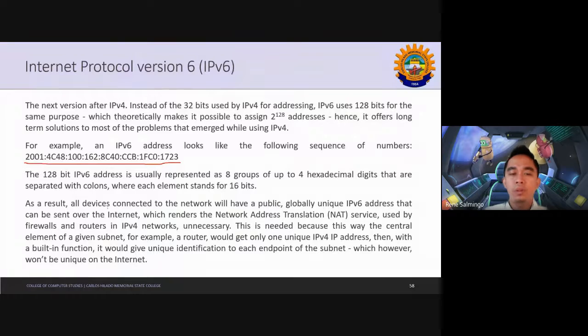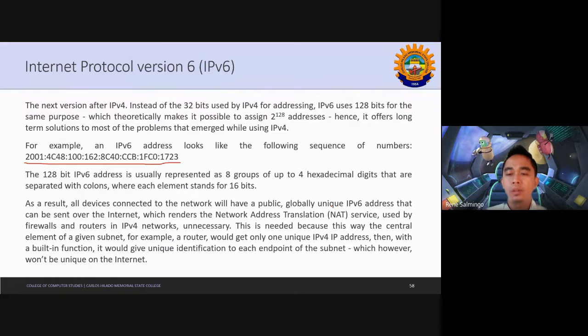So as a result, all devices connected to the network will have public globally unique IP addresses, and it can be sent over the internet, which renders the network address translation service used by the firewalls and routers unnecessary, as opposed to IP version 4 networks.